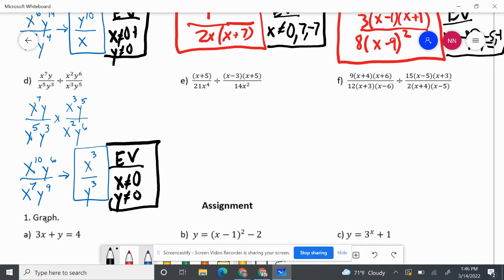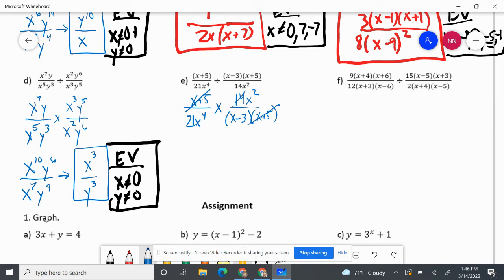If we're looking at the next one, keep change flip, we have the x plus 5, we have the 21x to the 4th times 14x squared, x minus 3, and x plus 5. We see that the x plus 5s cancel.